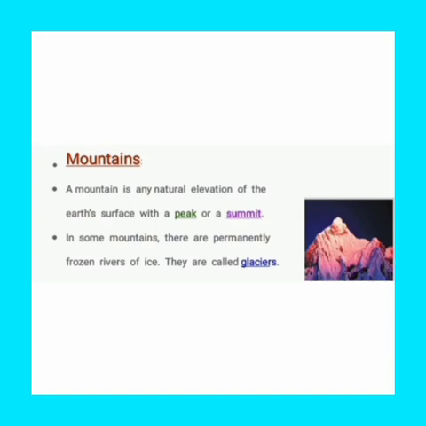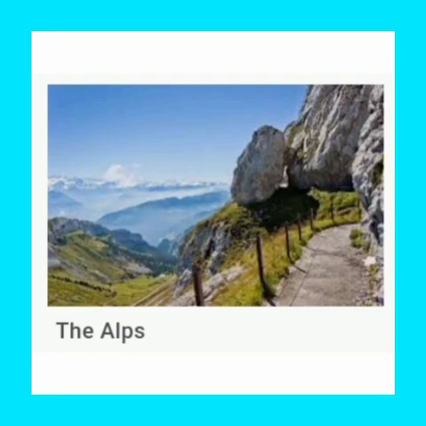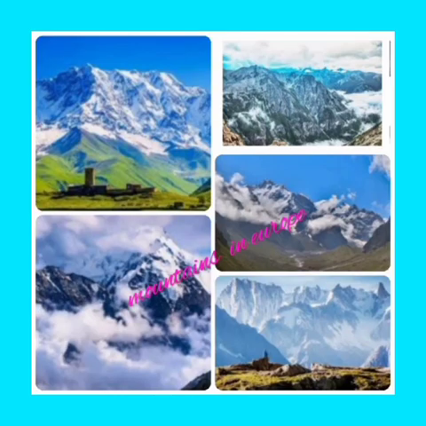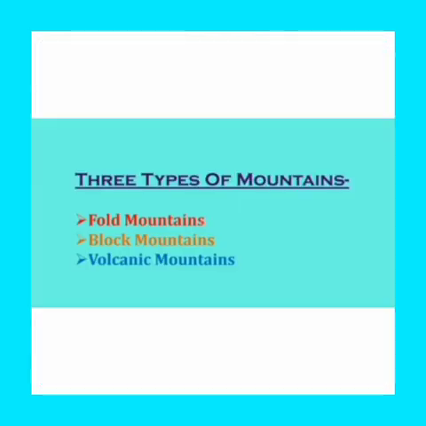Mountains may be arranged in a line known as a range. The Himalayas, the Alps and the Andes are mountain ranges of Asia, Europe and South America respectively. Mountains vary in their heights and shape.